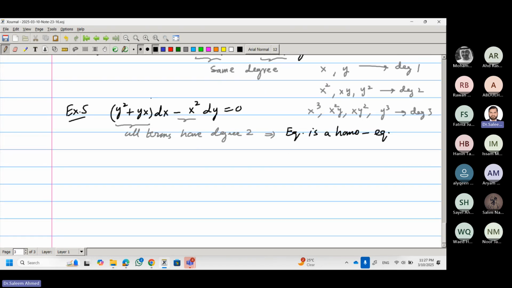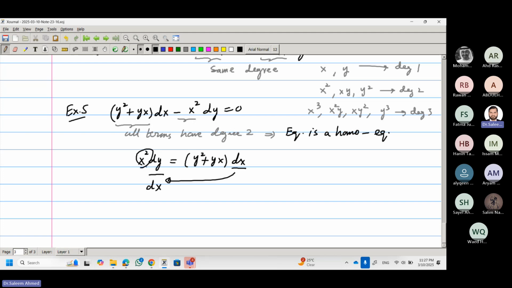So when it is a homogeneous equation, you write dy by dx. Bring x square dy equal to y square plus yx dx. Okay. Now bring this dx down, and bring this x square down here, divided by x square.